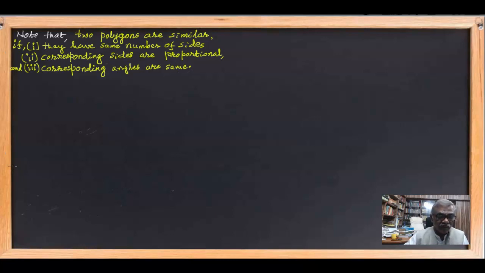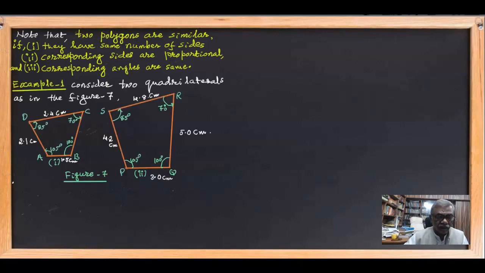As an example, I am going to consider two quadrilaterals in the figure. In figure 7, ABCD is a quadrilateral. Same way, PQRS is another quadrilateral.